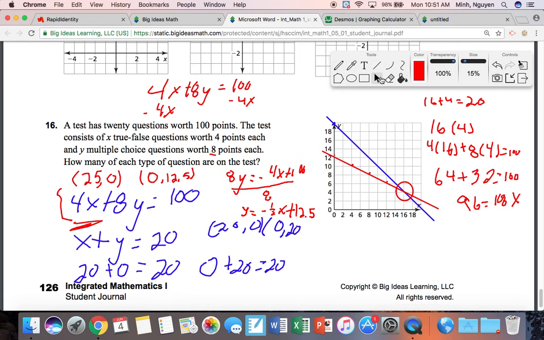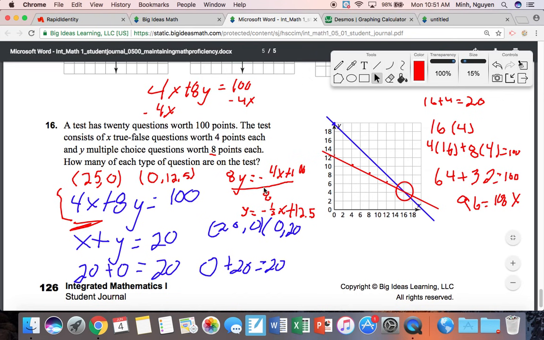Let's go over this problem real briefly. 25, 0. Did I multiply correctly? 0, 20, 20, 0. Okay, so I definitely got those right. Double check for x. 25 times 4 is 100. So at 25, 0. 8 times 12.5 is 100.